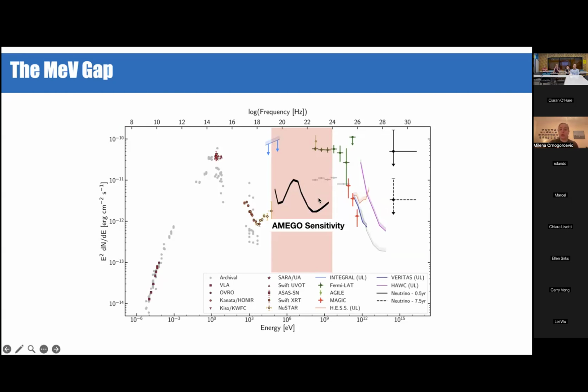First, because it's very hard from the instrumental point of view to come up with a technology that will be sensitive to MeV photons, but also because we have been relying on Fermi's ability to maybe reach some of the MeV emission.